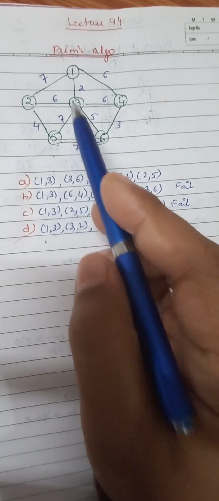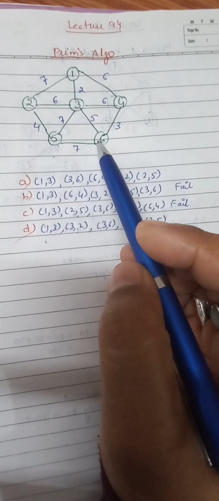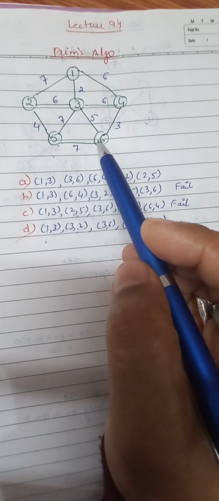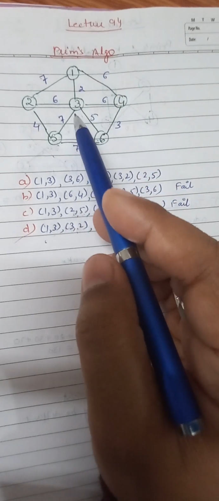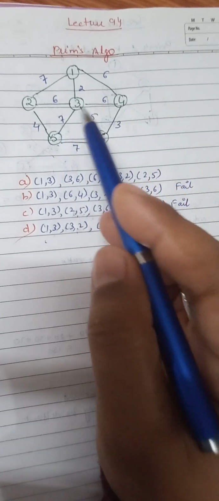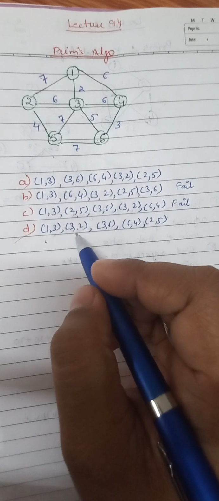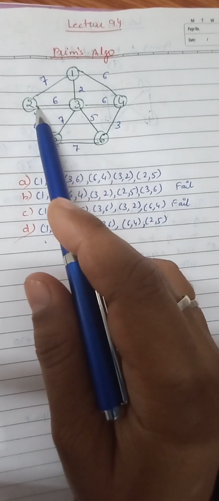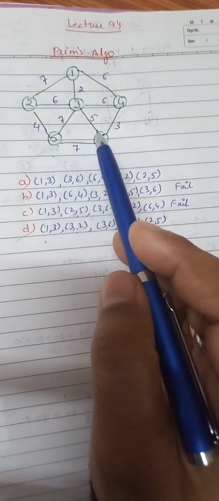1, 3, 3, 6, and 1, 3, 3, 2. But here we can see both are adjacent, but this one is what? 3, 2. 3, 2 is having 6 weight, while 3, 6 is having 5 weight.